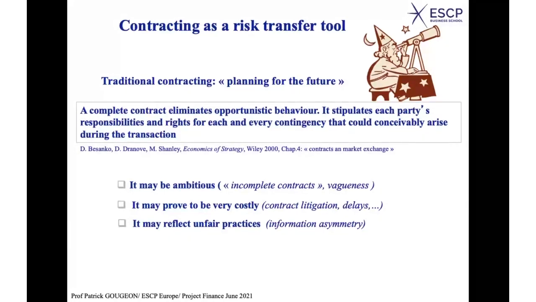They know that they might benefit from a certain situation, but they don't tell it if the other one is not aware of that. Okay, so you may have some incomplete contracts coming from the fact that both parties keep part of the information for themselves, because they know that behind this there is an opportunity for them to benefit from the situation. Let me give you a practical example of that.